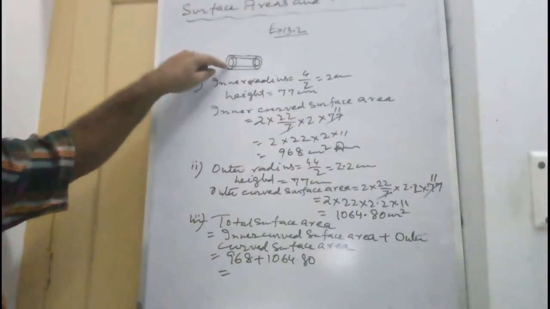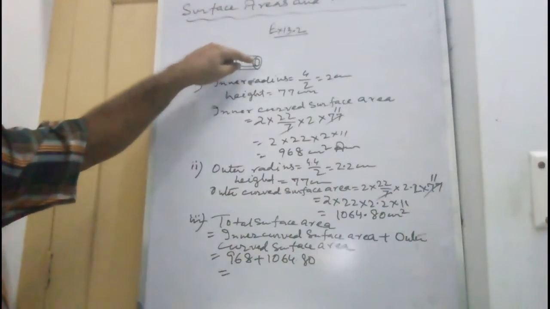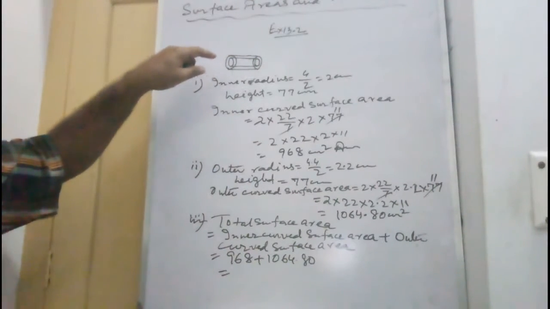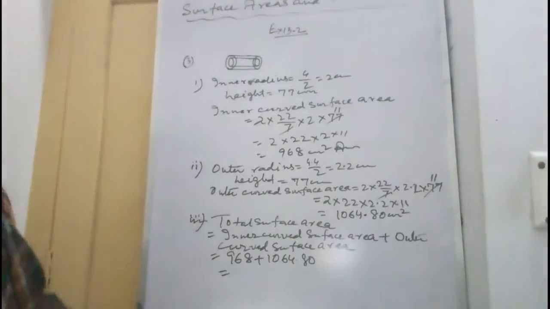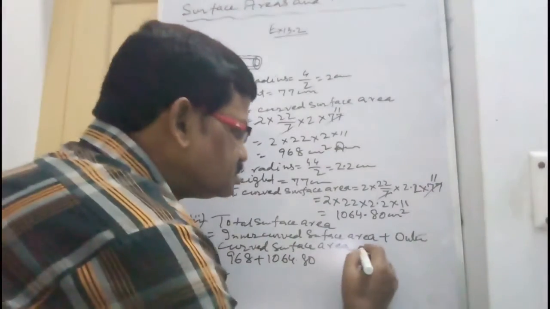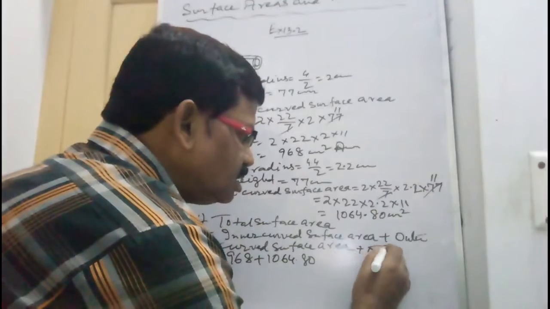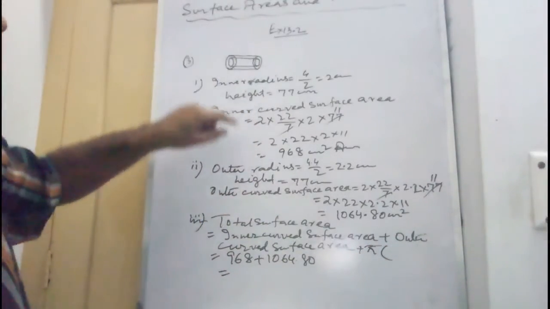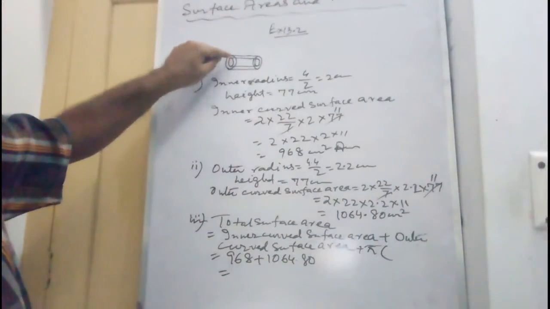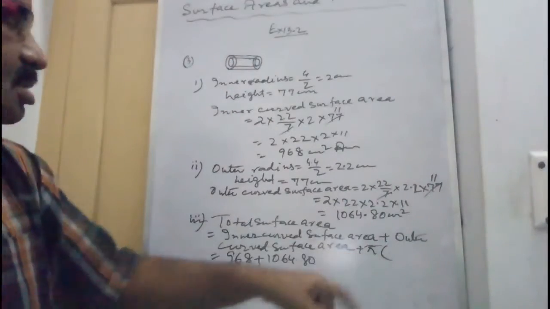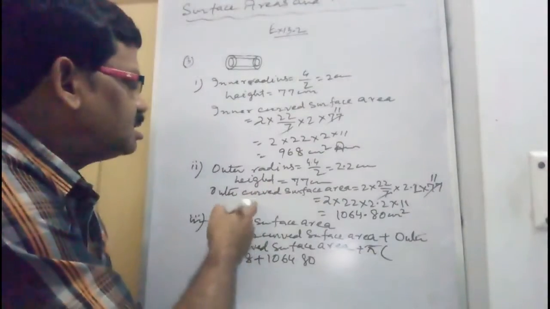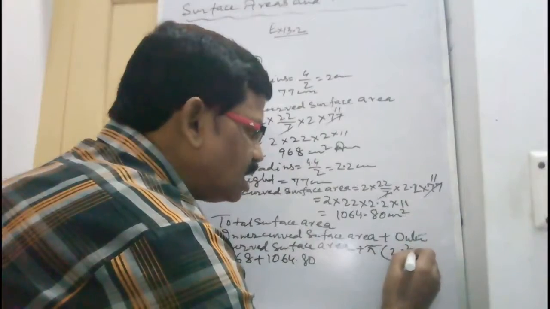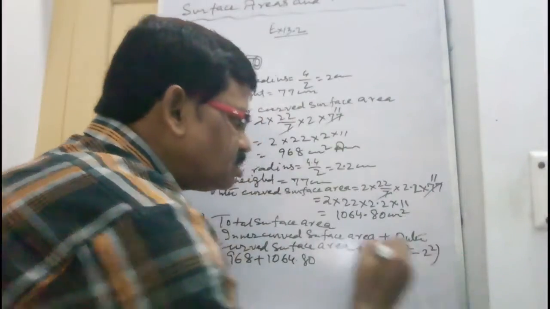And this portion is also required, that is the shape. So plus pi: this shape is like a ring, so there is outer radius minus inner radius, so pi r square, this one, 2.2 square minus 2 square.